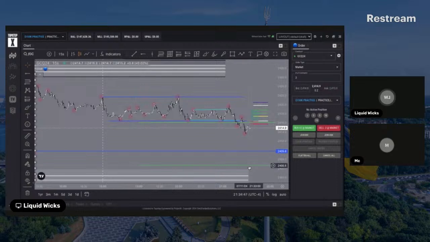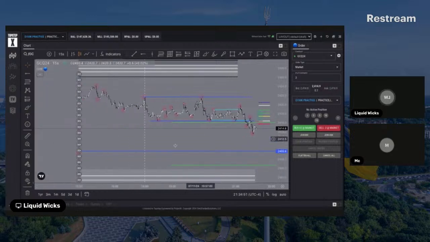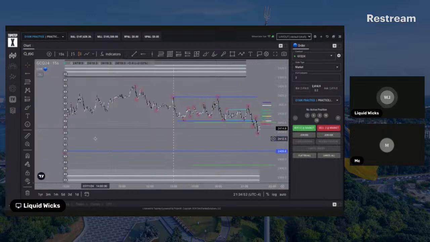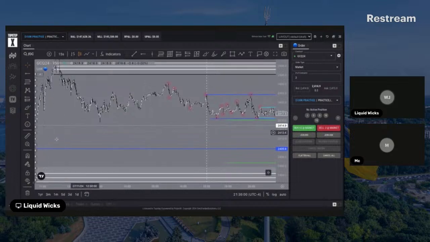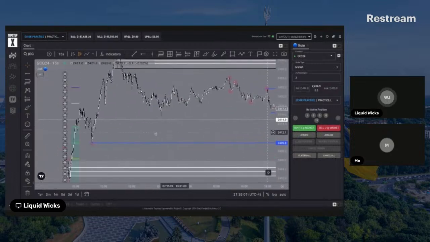This is the 50% of the trend. This is the nearest zone from that, and this was this right here. This is that last low that was put in on that swing right here.